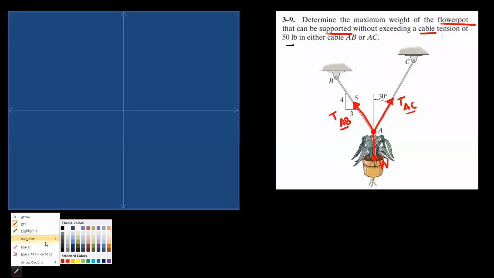If you observe this figure, then we cannot see the X and Y axis. So whenever we solve the problem or we resolve the forces or tension, we need to draw this X and Y axis as our reference.